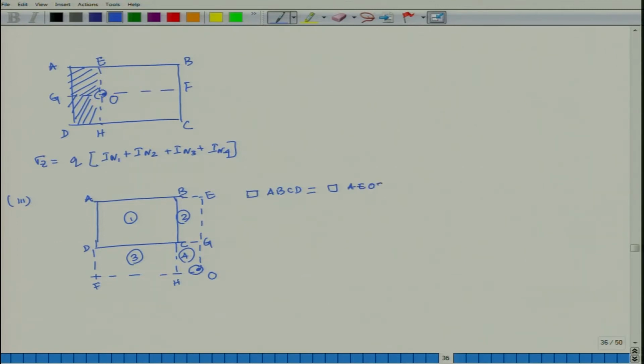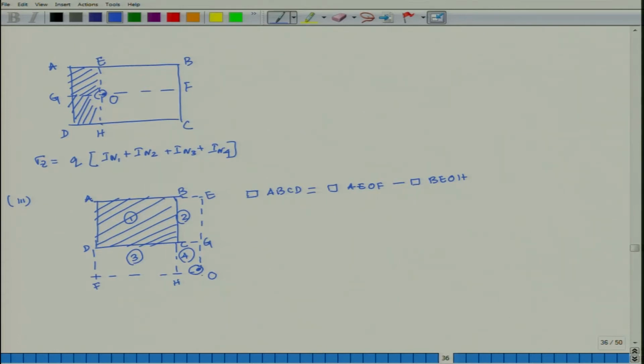I have taken the complete area A, E, O, F first, then minus, because our interest is the increase in stress at this point because of this loaded area, minus area B, E, O, H. Then, because this strip has to be neglected, what happened?